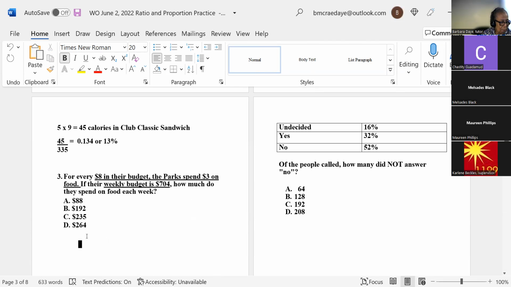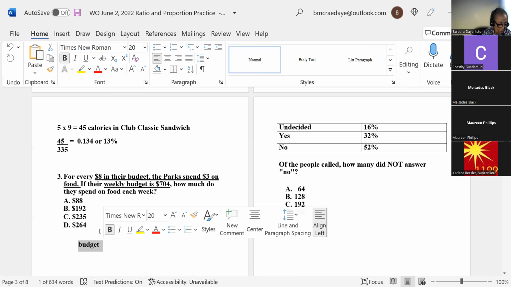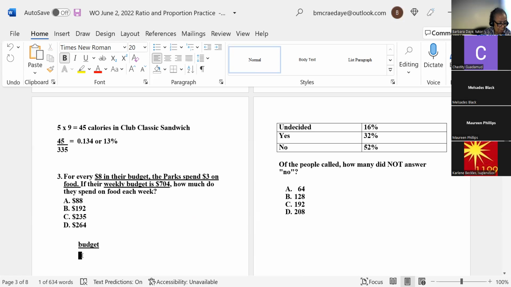Let's just say budget over food, okay? And you tell me what to put here. Okay, so we'll make sure we set it up right. We have budget over food. Now, what will we put for the first one? $8, that's right. So we put the number 8.